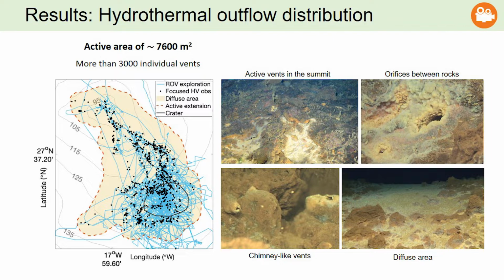Here is the crater, and then you see all these dots. All these dots are different kinds of venting structures that can be a diffuse area, chimney-like vents, small orifices, small bacterial mats between rocks and cracks.